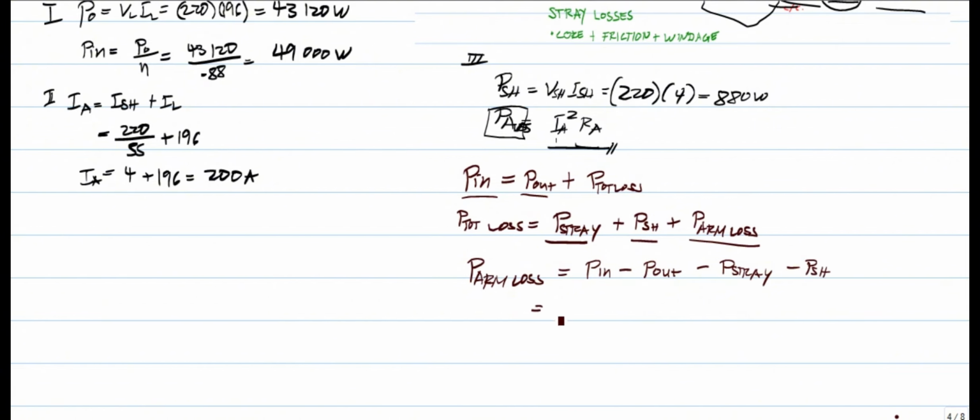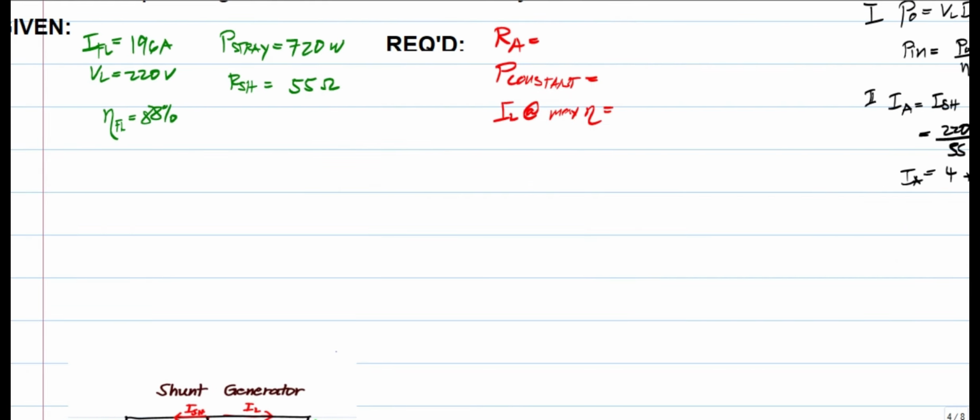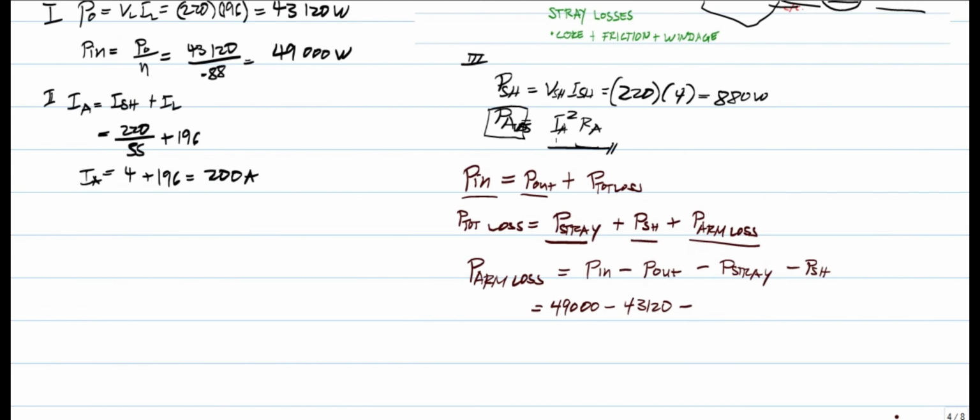P in is 49,000 minus P out of 43,120 minus P stray of 720 minus PSH of 880.